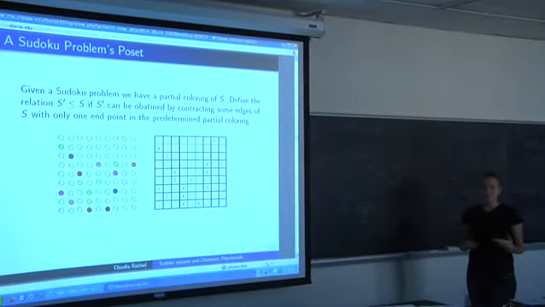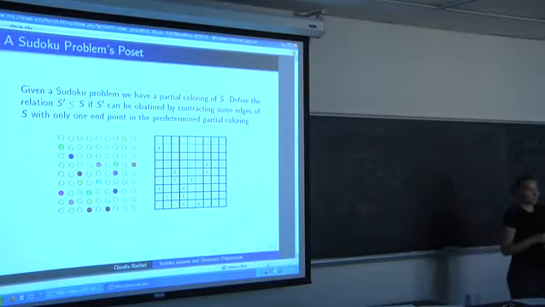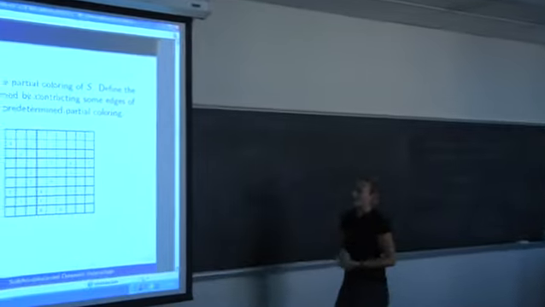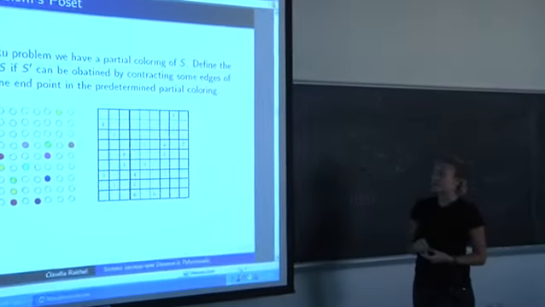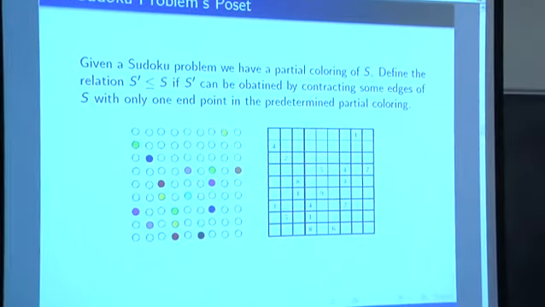So when I give you a Sudoku problem, you go to your Sudoku graph, you fill in your coloring corresponding to the numbers that were in the graph that I gave you, and then you can contract any edge as long as it has one vertex outside of that predetermined set. So we say that S prime is less than or equal to S if S prime can be obtained by contracting edges in this way from S. And this is a partial ordering on that set of graphs.